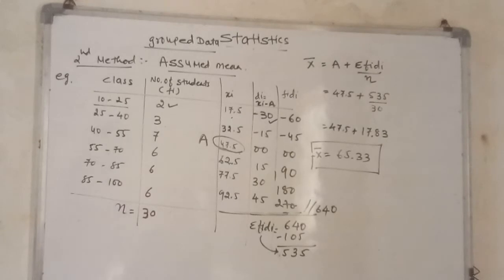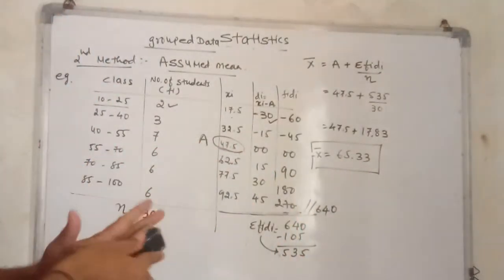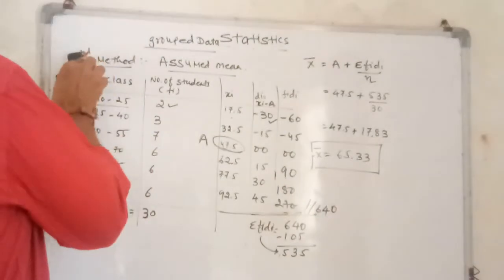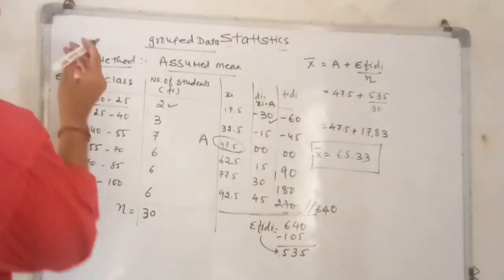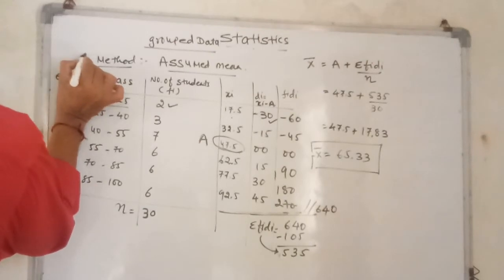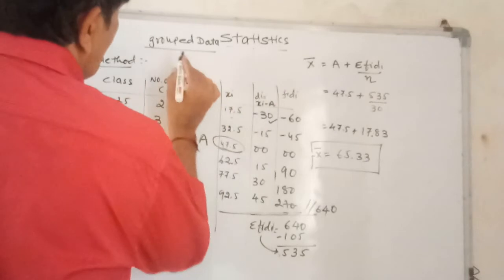Now the last and third method, that is, we can say, step deviation, and step deviation is an easy method. Okay, so here third method. It is a step deviation.